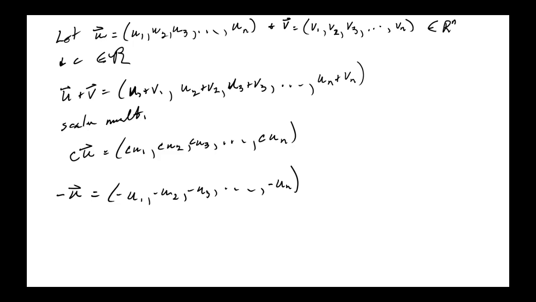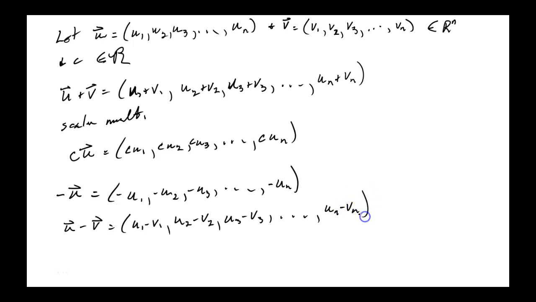Now you can define the difference of 2 vectors in space. U minus V would simply be u1 minus v1, u2 minus v2, u3 minus v3, all the way up to and including u sub n minus v sub n.